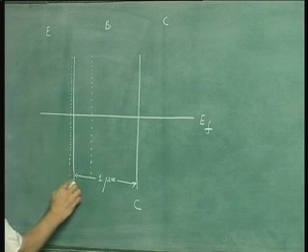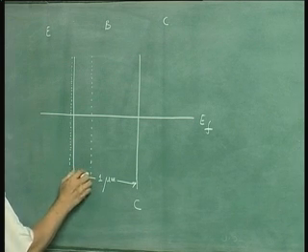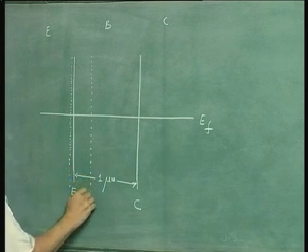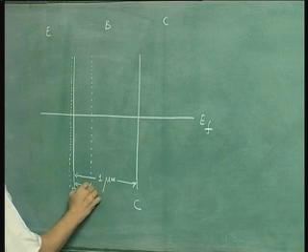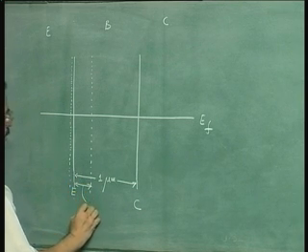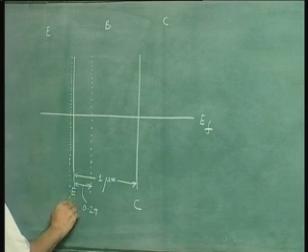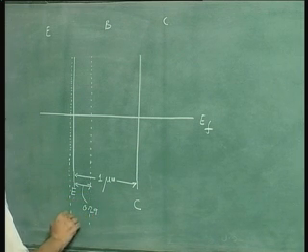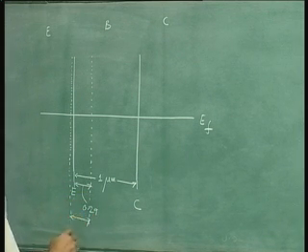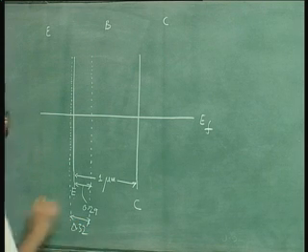So this distance is 0.29 and this distance, this depletion width here is 0.32.